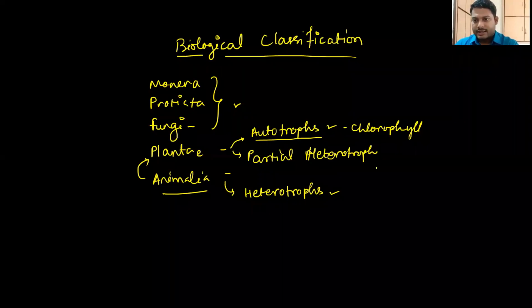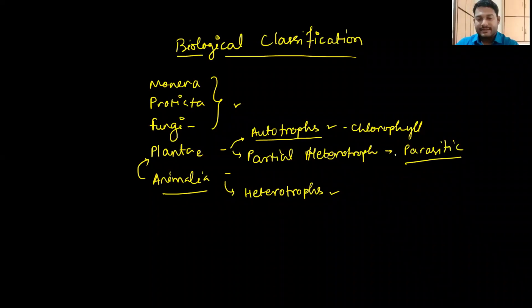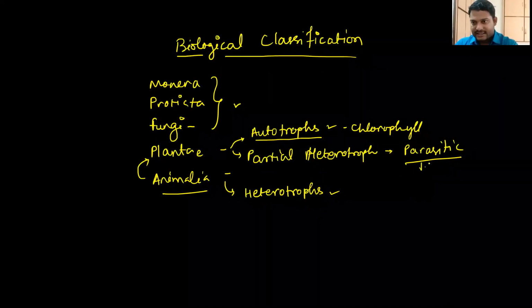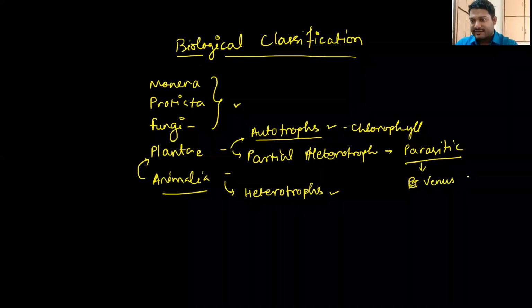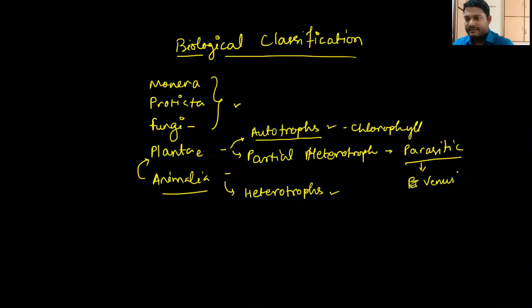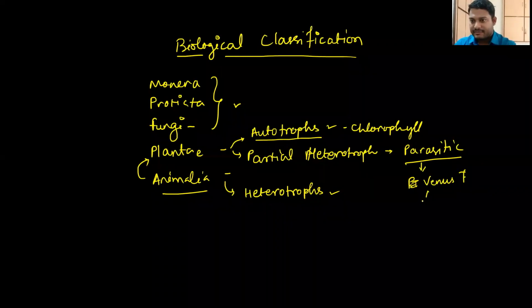Anyway, so here there is a mode called partial heterotrophs, or that is known as the parasitic mode of nutrition in case of plants. Now you might ask, plants are typically autotrophs, then how are you saying parasitic? There are certain cases, for example the pitcher plant, or let's say the Venus fly trap.